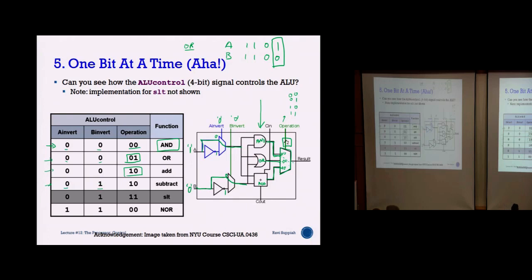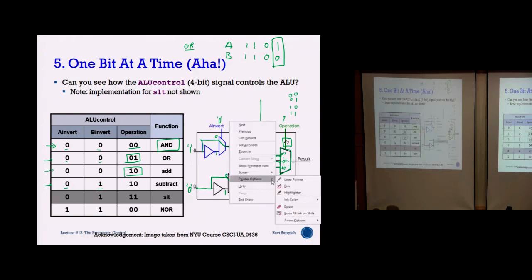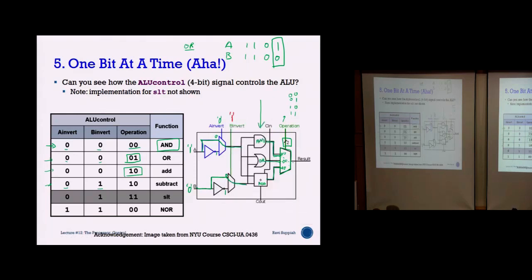If my B invert becomes 1, what will happen? My B will now go through my inverter here. So the bit will become flipped, and that inverted B will now go through here.